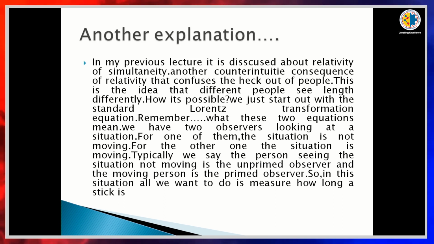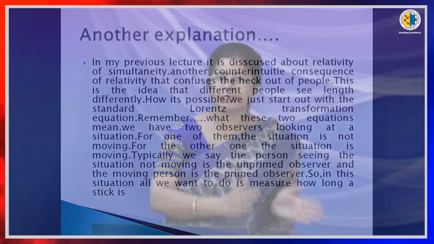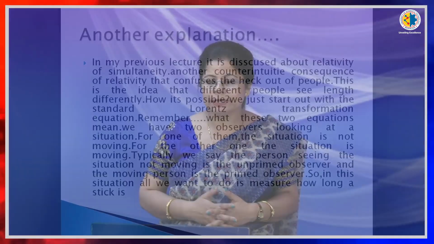We only get changes in the Lorentz transformation equations in the x direction and in the time component. The other two axes, y and z, are parallel, so we get changes only in the x direction. So, x dash is equal to x minus v t divided by root over 1 minus v square by c square, and the time component is t dash equal to t minus v x by c square, whole divided by root over 1 minus v square by c square.